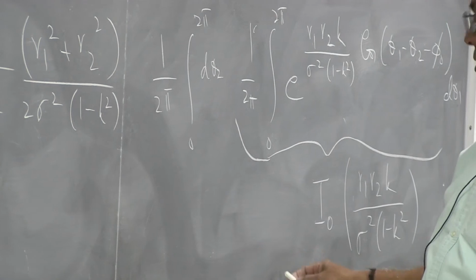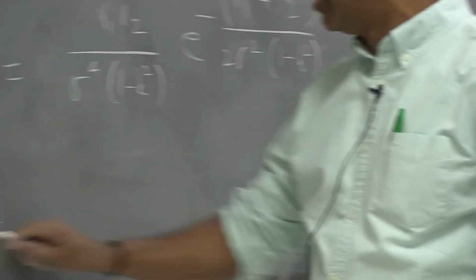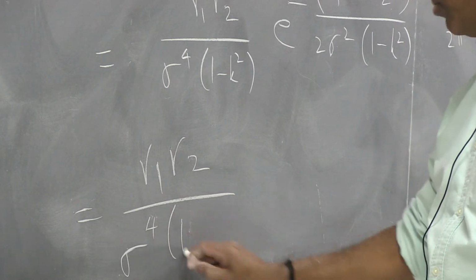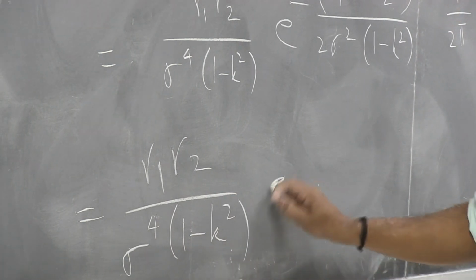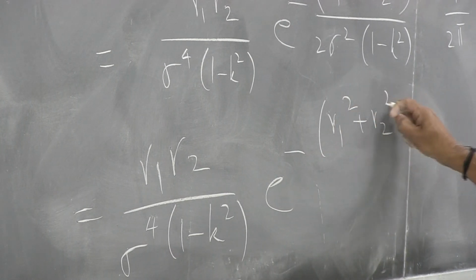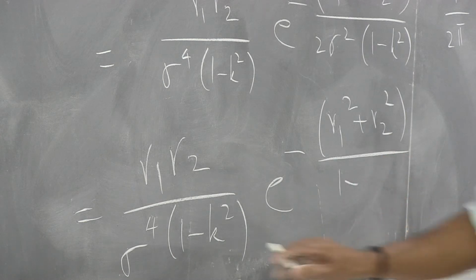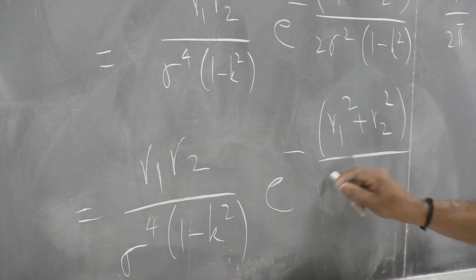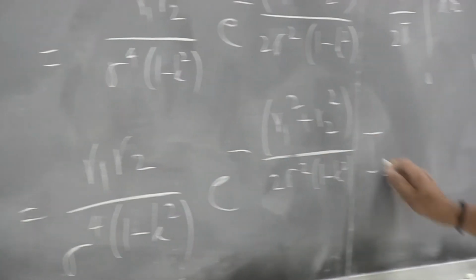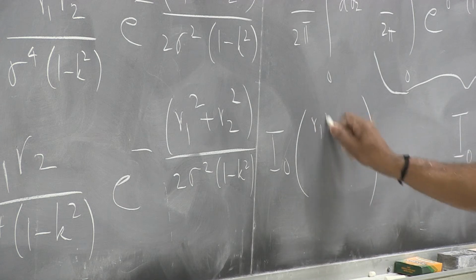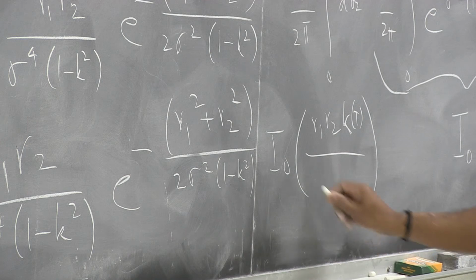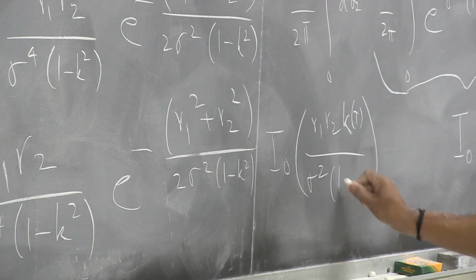r1 r2 k over sigma squared multiplied by 1 minus k squared. If I substitute the remaining term, this is going to be r1 r2 over sigma to the 4 multiplied by 1 minus k squared, times e to the power minus r1 squared plus r2 squared over 2 sigma squared times 1 minus k squared, multiplied by I naught of r1 r2 k of tau over sigma squared times 1 minus k squared.